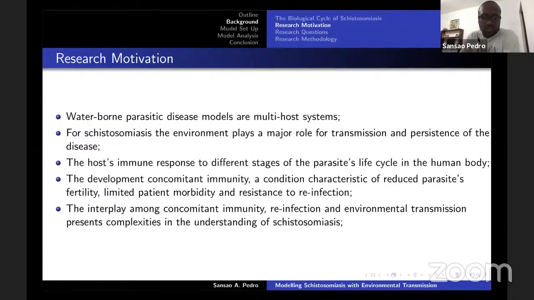So we intended to understand the interplay among concomitant immunity and reinfection. Why reinfection? Because in regions where it is endemic, this has been common. And when we look at settlements in sub-Saharan Africa, we see more conditions favorable to reinfection, kids playing very often in water bodies and so on.